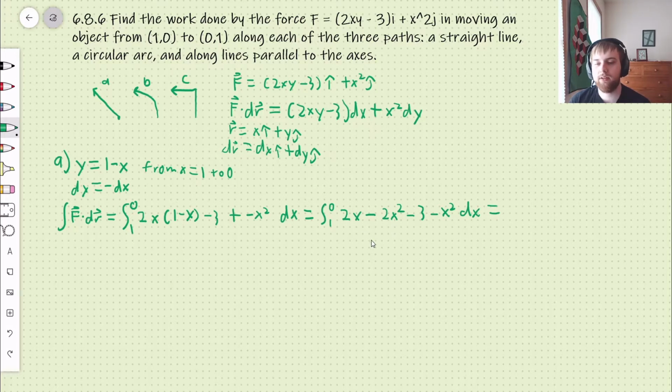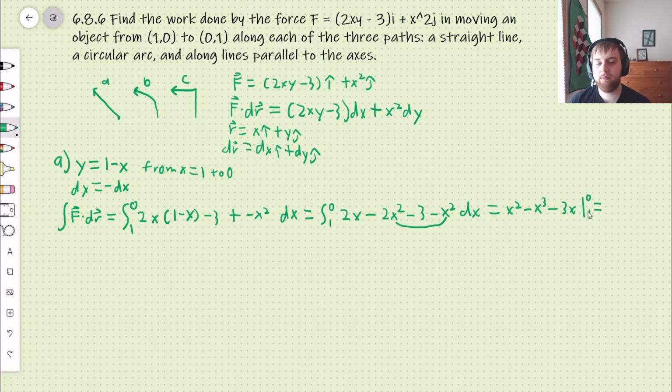So we'll take the integral of each of these parts now. This is going to be x squared, and the integral of the negative 3x squared is going to be negative x cubed, and this is going to be minus 3x. This is all from 1 to 0.